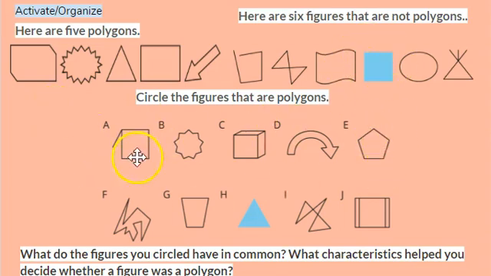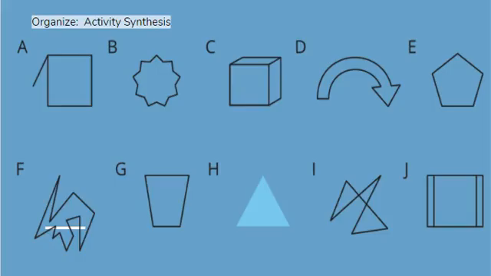So which ones are polygons? So a polygon is a multi-sided shape that is enclosed and encloses an entire area.